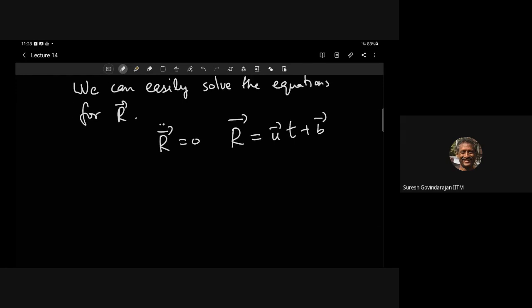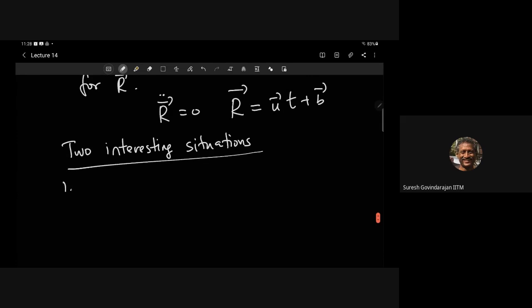Okay, so let's do a couple of limits to two situations. Okay, this is, for instance, M2 is much greater than M1. So usually planets are smaller than the sun, and so the mass of the sun will be much larger.